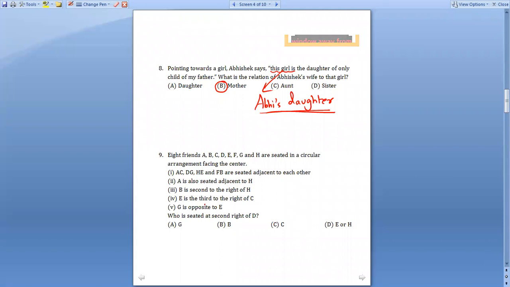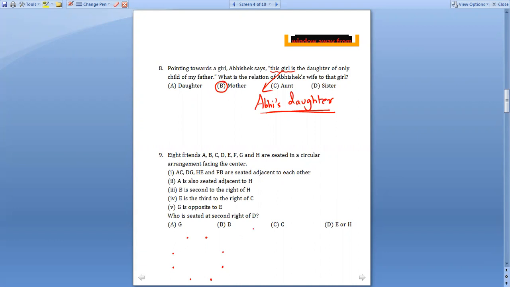Question number 9. 8 friends A, B, C, D, E, F, G, and H are seated in a circular arrangement facing the center. First I'm going to point out the positions here: 1, 2, 3, 4, 5, 6, 7, 8.